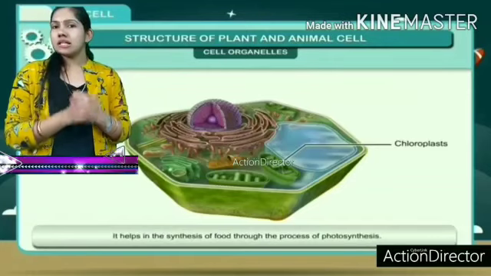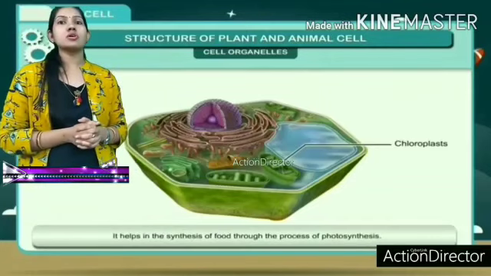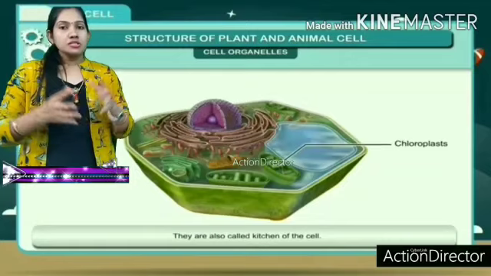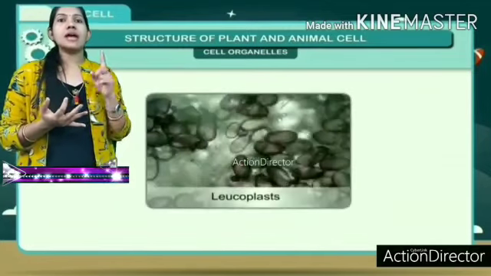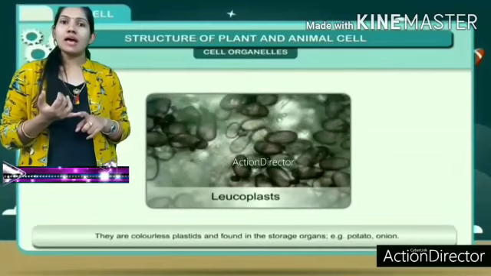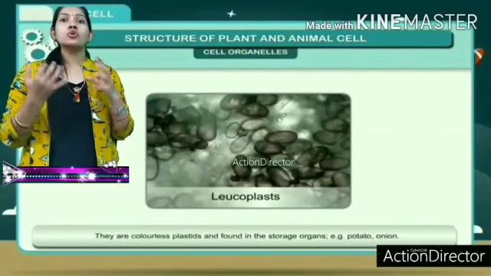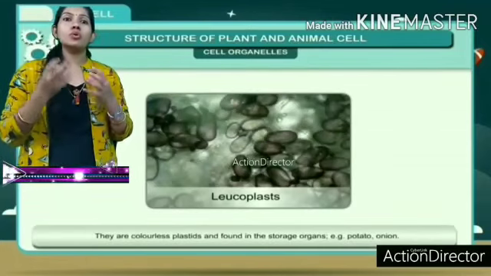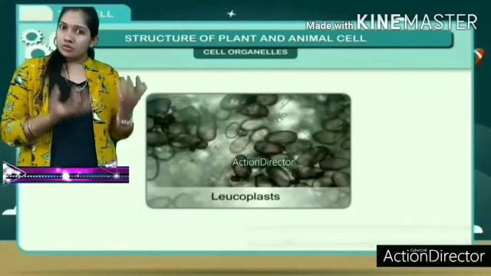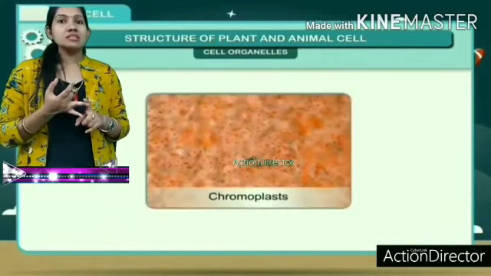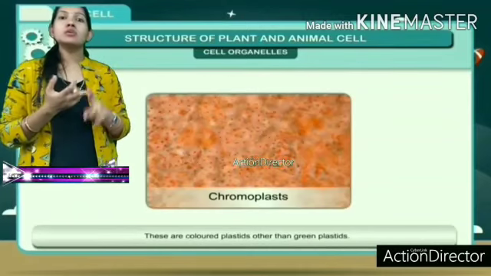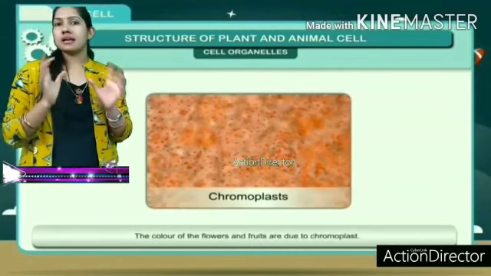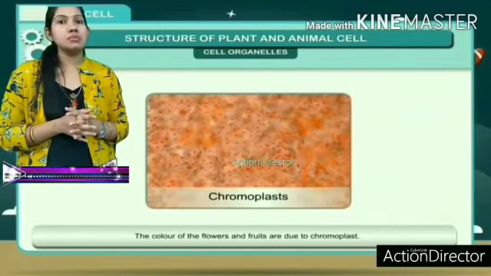In detail, plastids are of three types: chloroplast, chromoplast and leucoplast. Chloroplasts contain the chlorophyll pigment, which is green in color. Chromoplasts are generally red, yellow or brown in color, and leucoplasts are colorless. They do not contain any pigment.